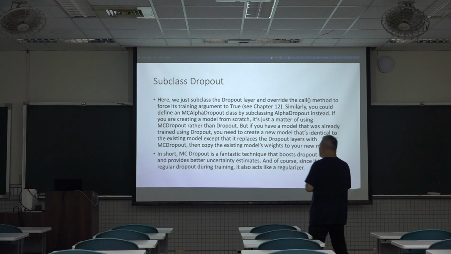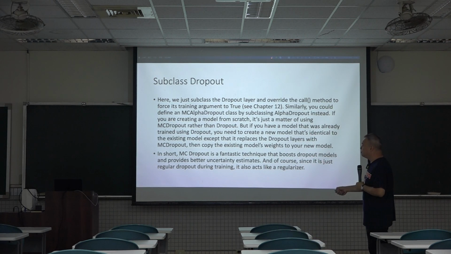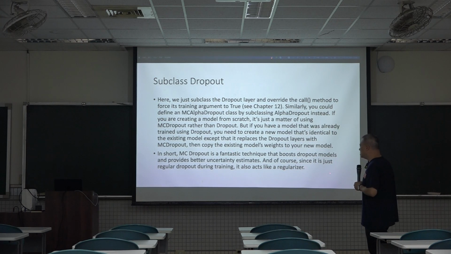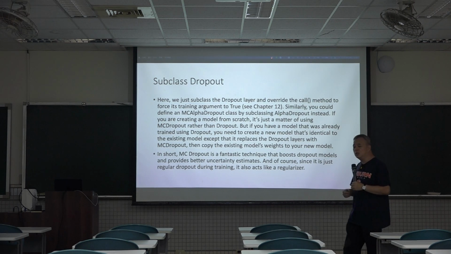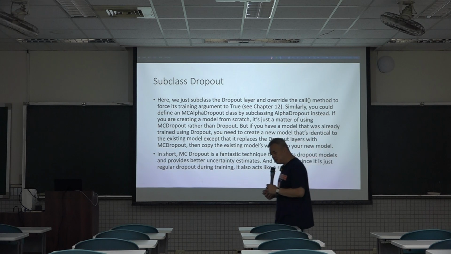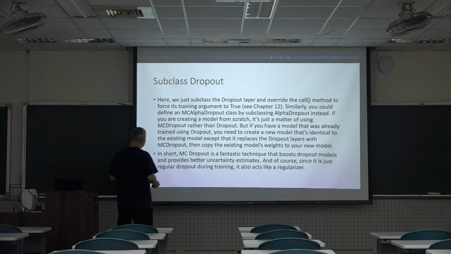So MC dropout is a fantastic technique which boosts dropout models and provides better uncertainty estimates. Since it's just regular dropout during training, it also acts like a regularizer, which is again a very good thing to consider.